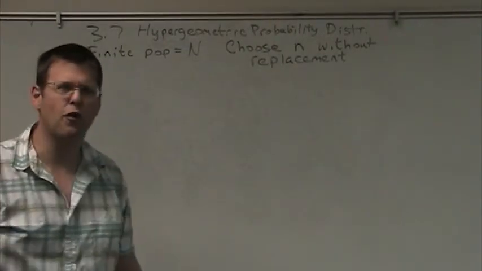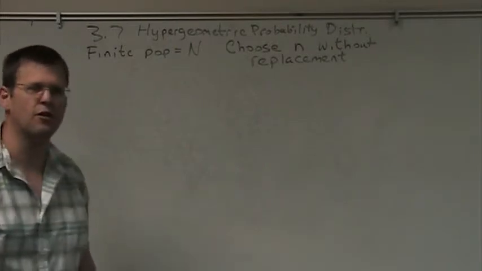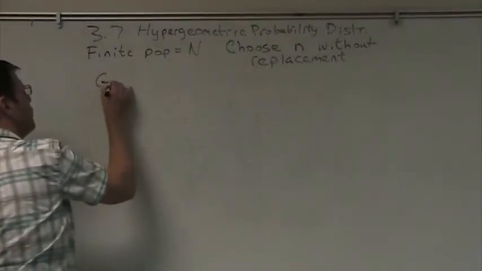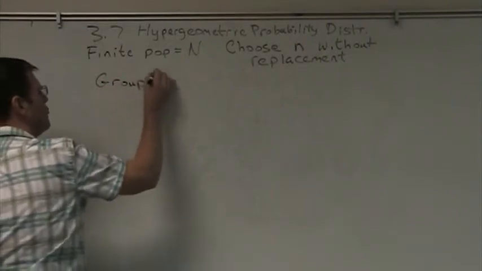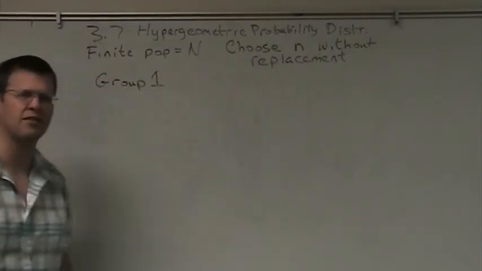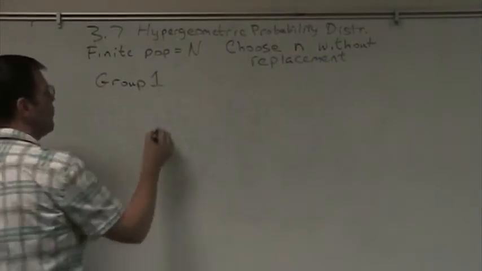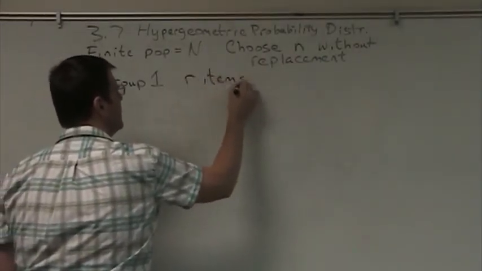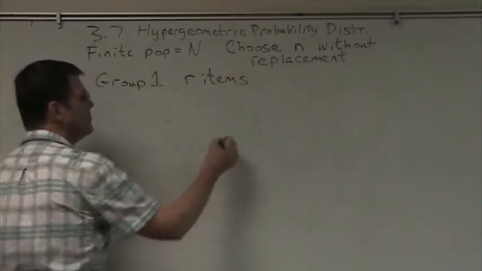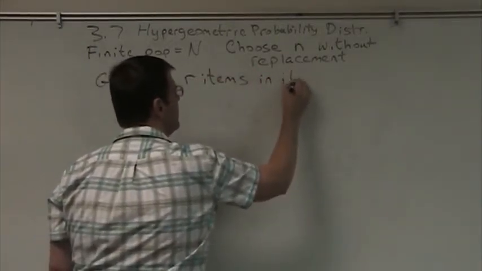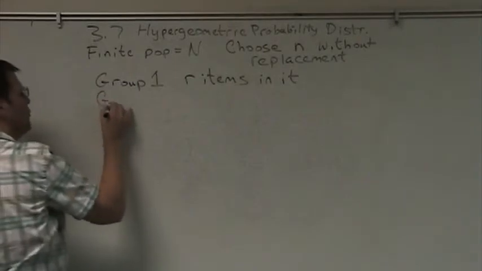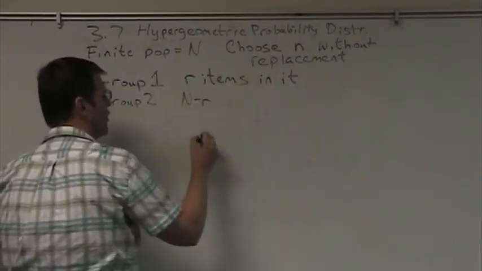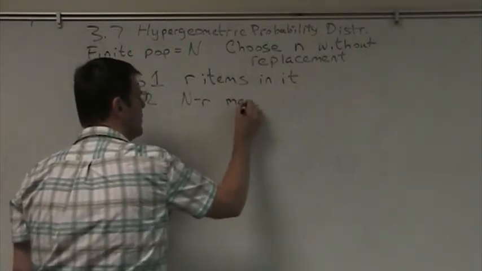Now, as far as this population is concerned, we're dividing it into two groups. Group 1 is usually the group that contains the things that we're counting. Group 1 has R items in it, or R members. And hence group 2 has capital N minus R members.